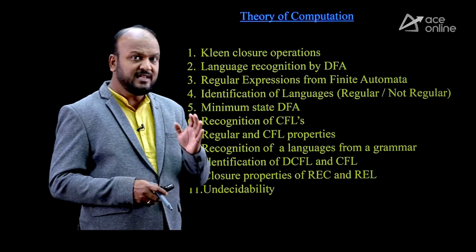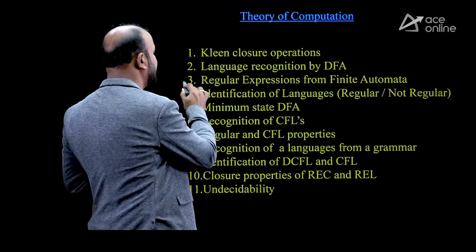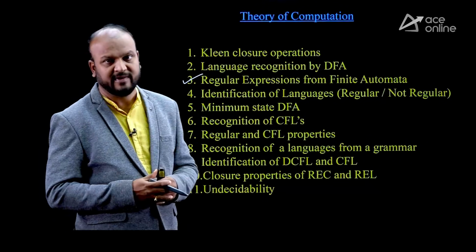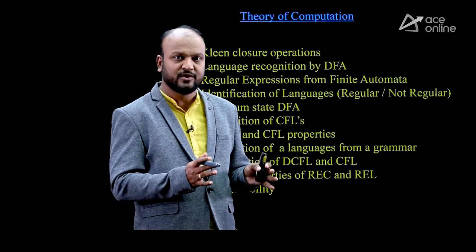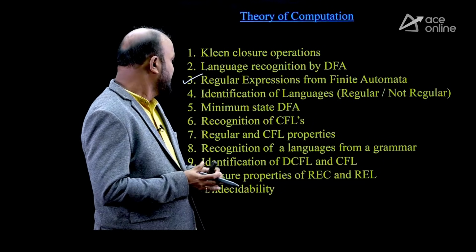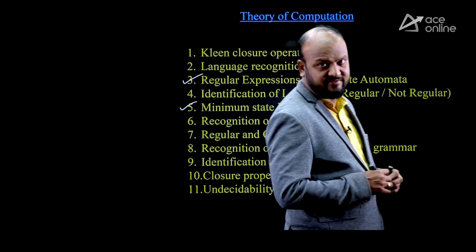But when you see the last 4 years' papers, the most trending topic is regular expressions from finite automata. You will be given a finite automata, and you have to find the regular expression equivalent to that finite automata. And next, you can focus more on minimum state DFA.